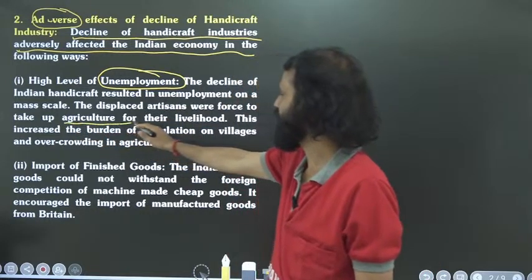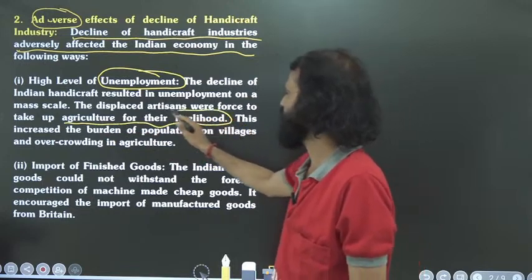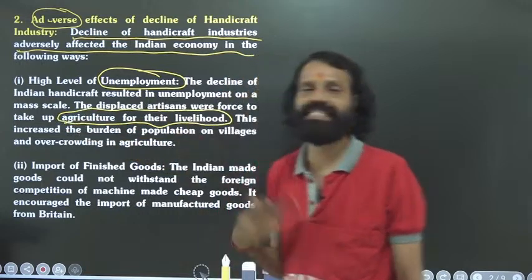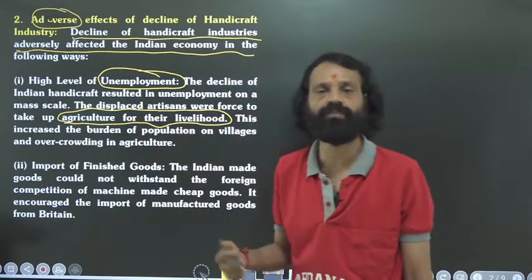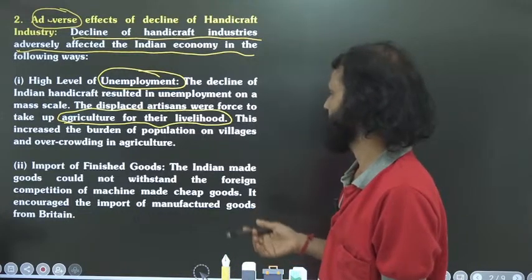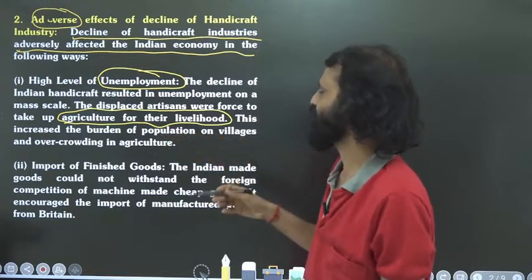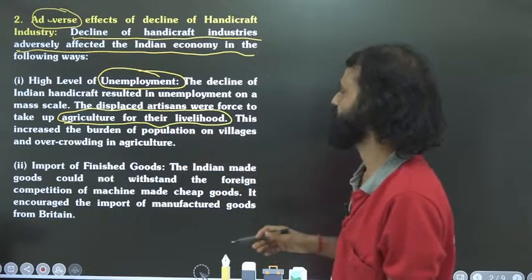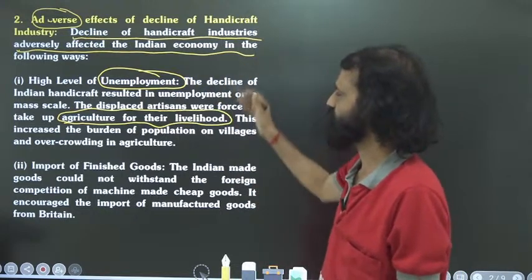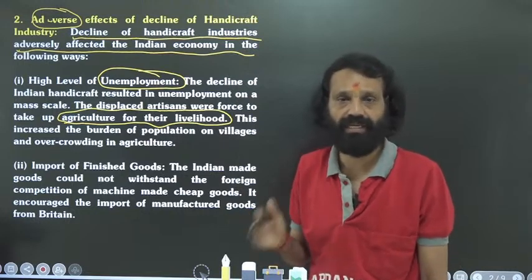More people came to agriculture for their livelihood, because for living they wanted to earn some money, then only they can live in a better way. This increased the burden of population on villages and overcrowding in agriculture. Due to the decline of the handicraft industry, more people moved to the agriculture field.